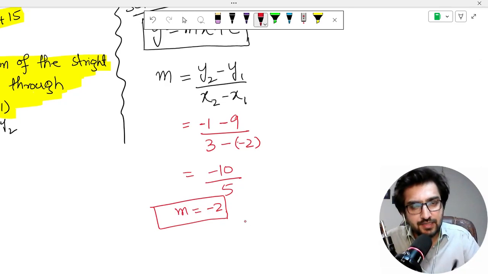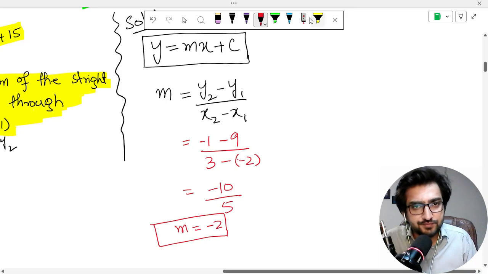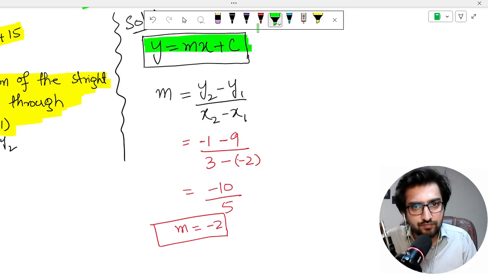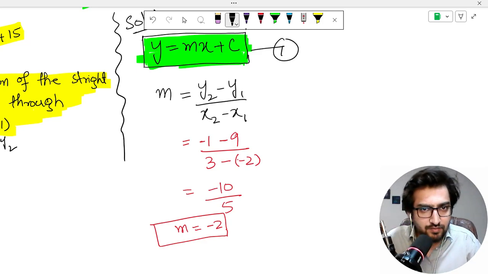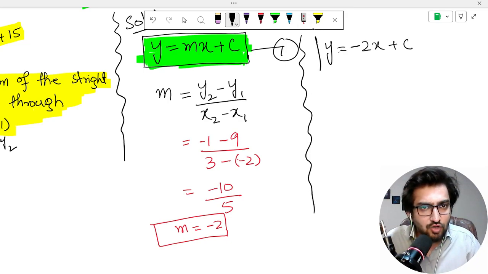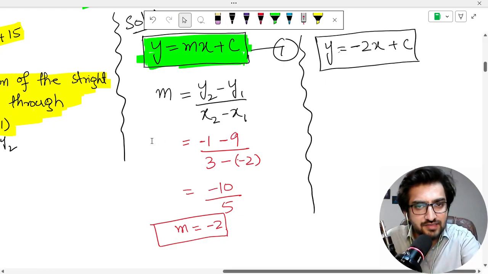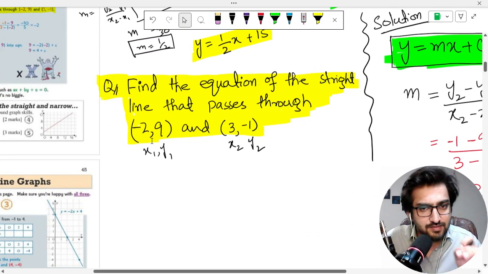So let's put gradient in the equation number 1. But now c is not given. C is y-intercept, and y-intercept means where the graph touches the y-axis.